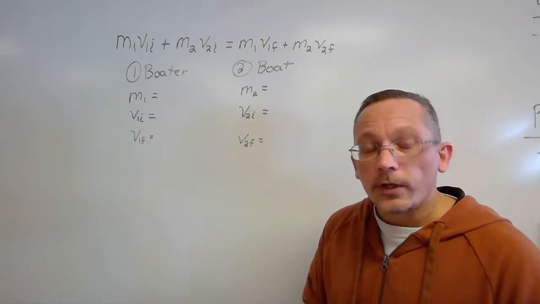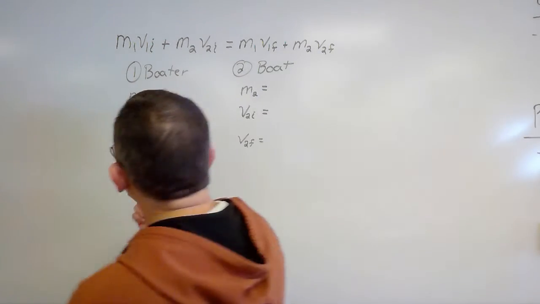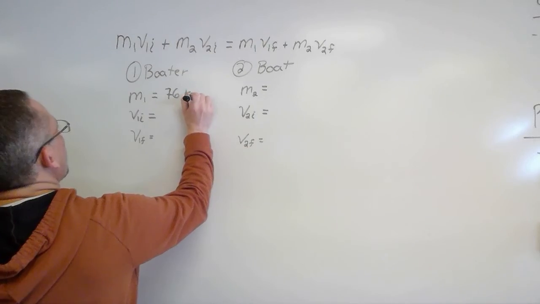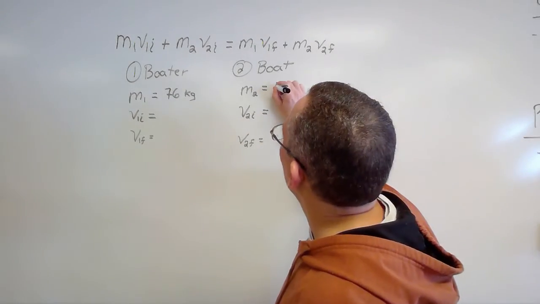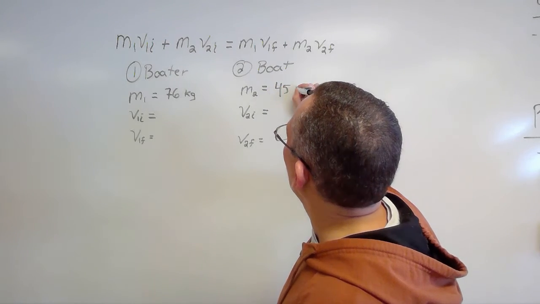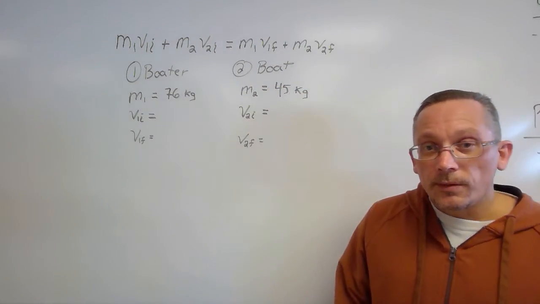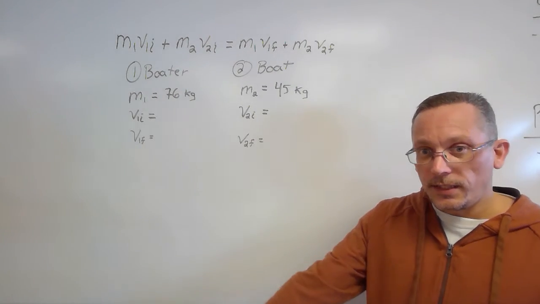For the mass of the boater, the problem says it is 76 kilograms. So that's easy. And the boat, it says, was 45 kilograms. So also easy. Okay. Let's see. It says that he steps out of the boat onto the dock.